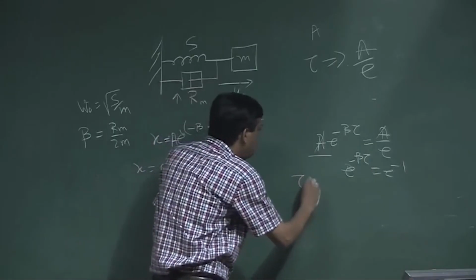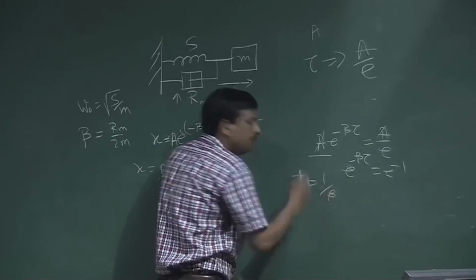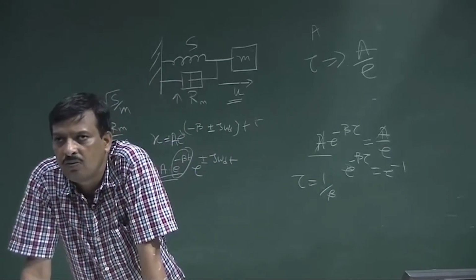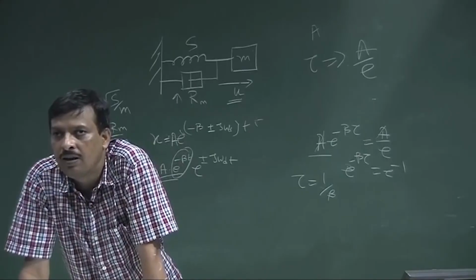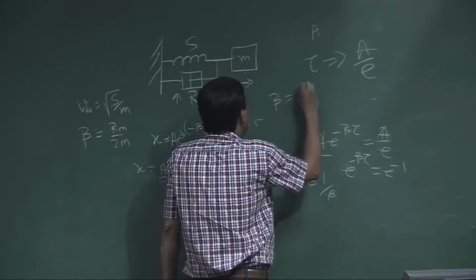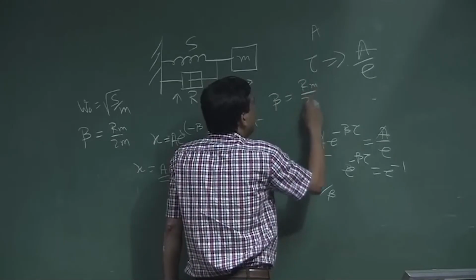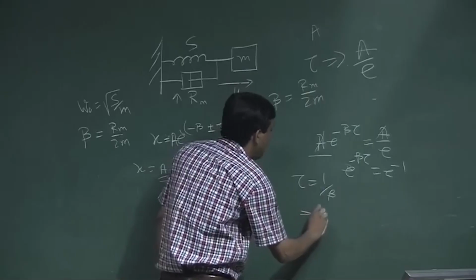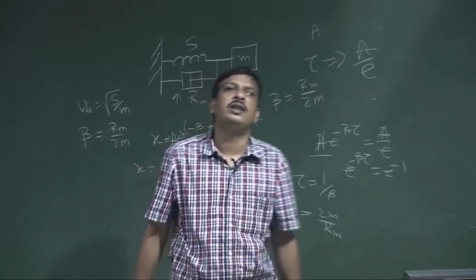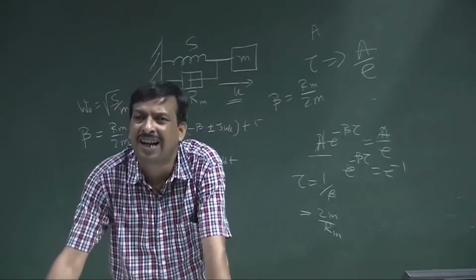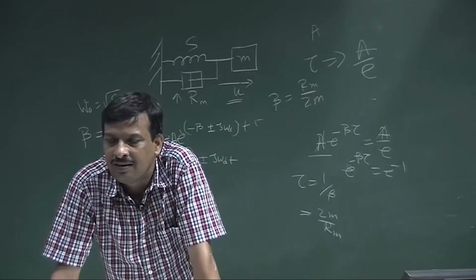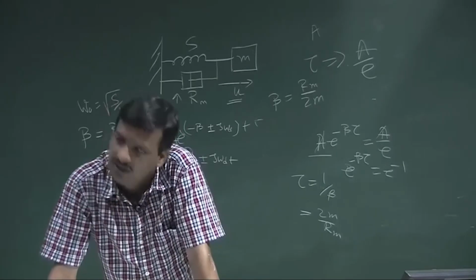So, tau is nothing but 1 by beta. So, characteristic time is defined as 1 by beta. Now, beta is nothing but Rm by 2m. So, tau is 2m by Rm.